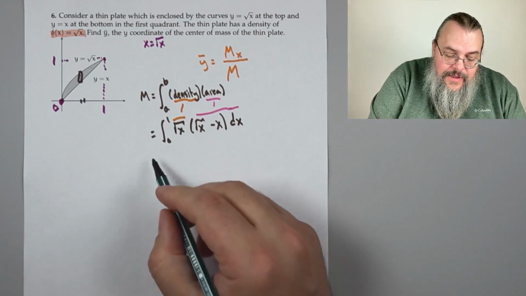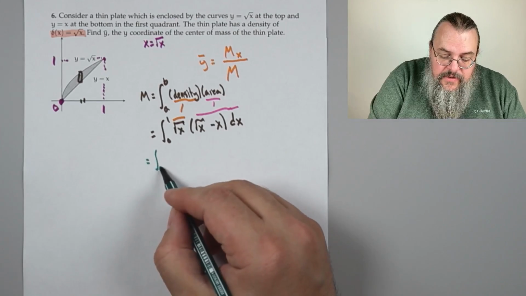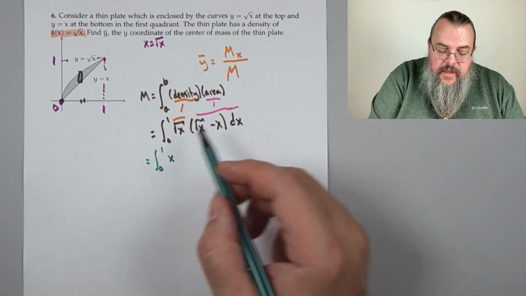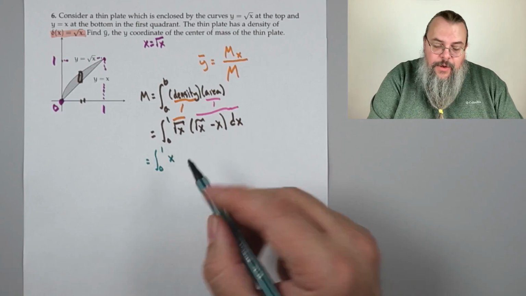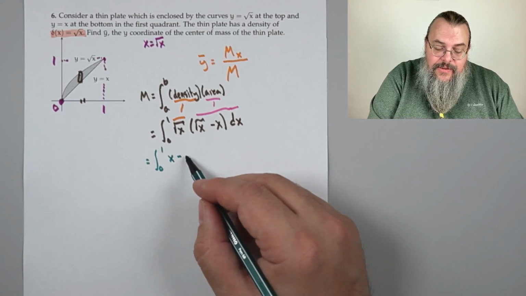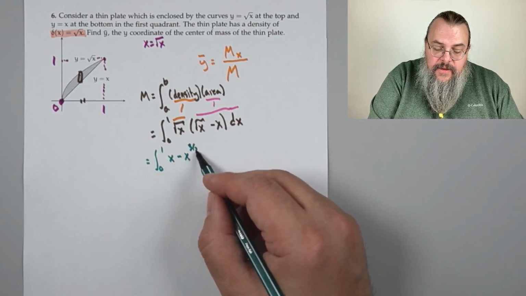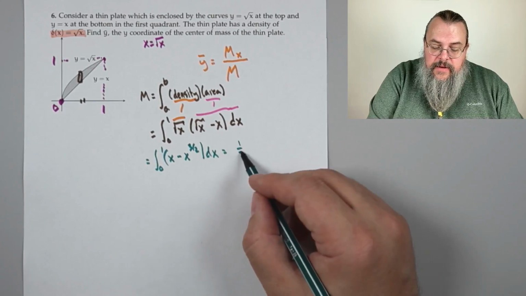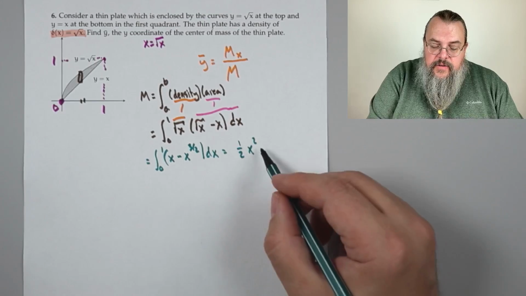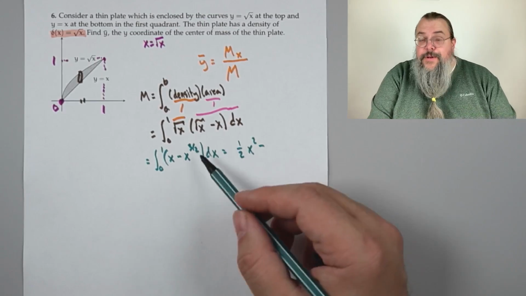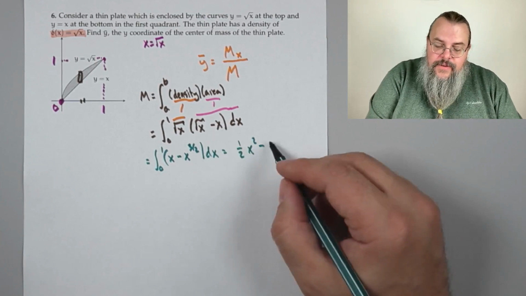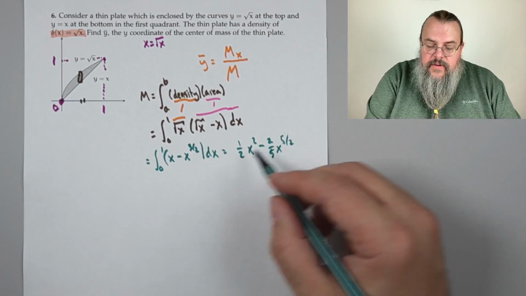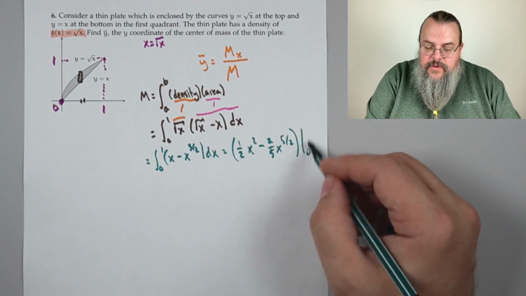Okay, so this becomes our integral from 0 to 1. We distribute, so that'll become x, and square root of x times x, we'll write in a calculus-friendly way, x to the 3/2. All right, so that becomes 1/2 x squared, subtract, okay, add 1 to 3/2, that's 5/2, divide, so 2/5 x to the 5/2, and we need to evaluate from 0 to 1.